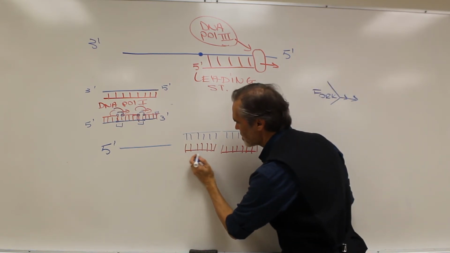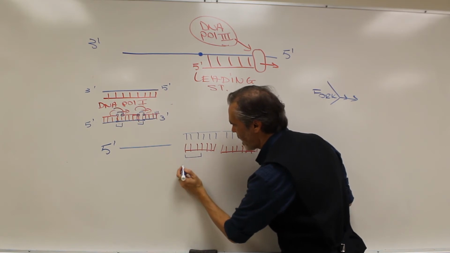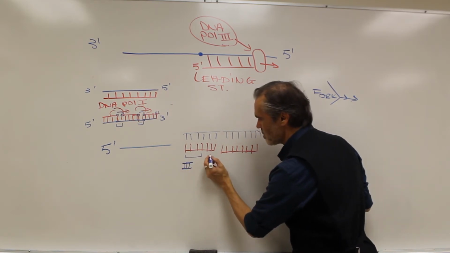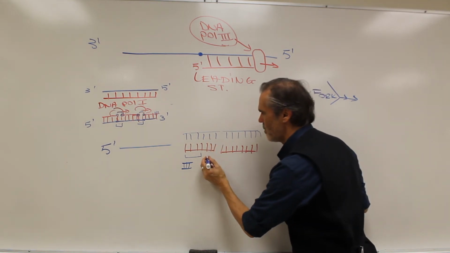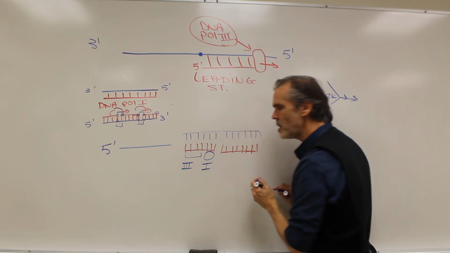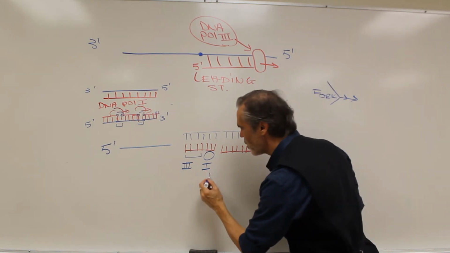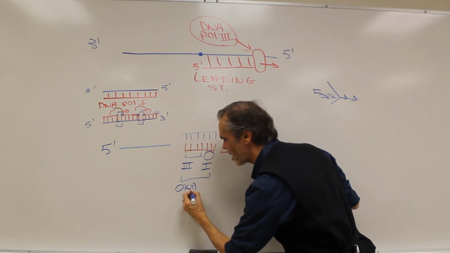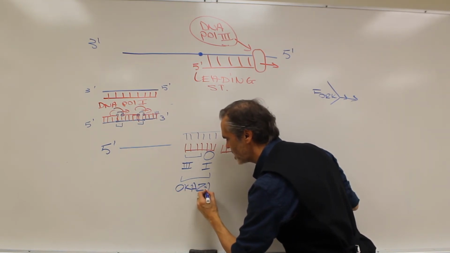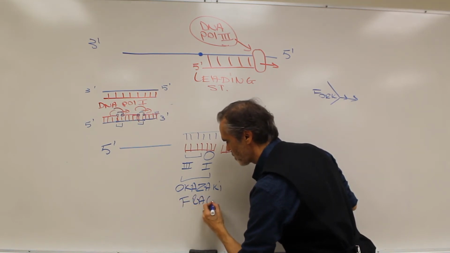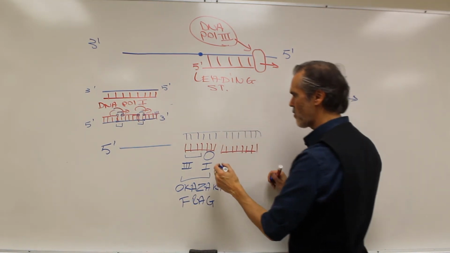What we had is a bunch of these here were added by Pol 3, and then because there was a gap, those gaps were filled by DNA polymerase 1, and each of those small fragments here are called Okazaki fragments. So the small pieces of DNA are called Okazaki fragments.